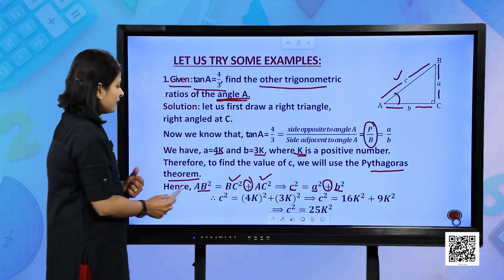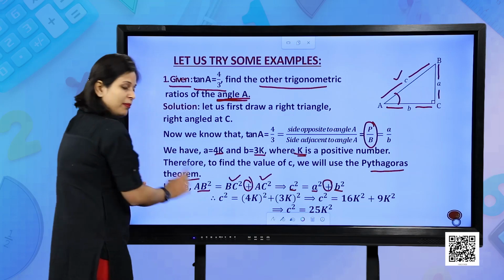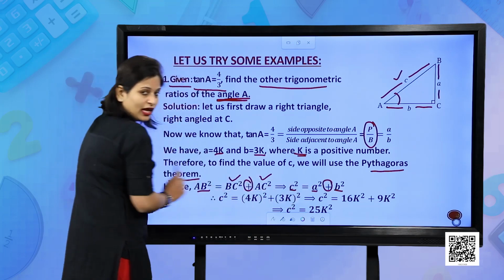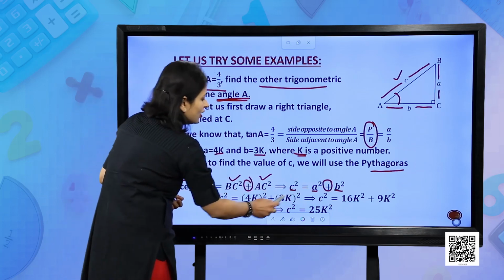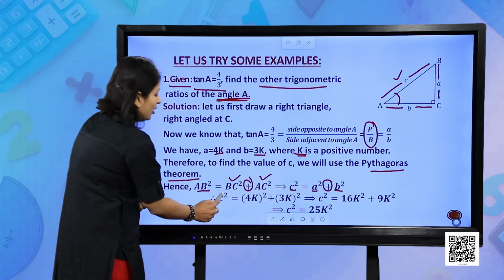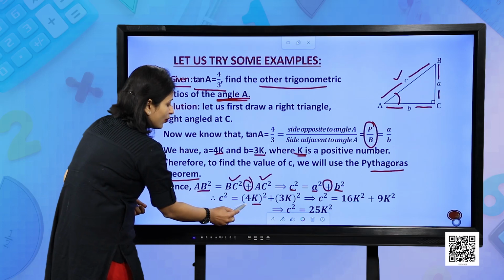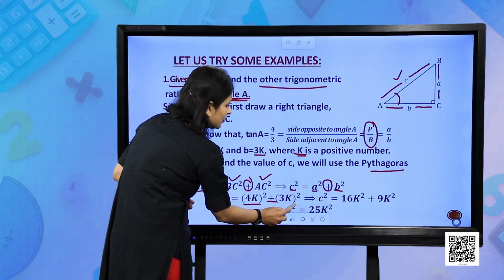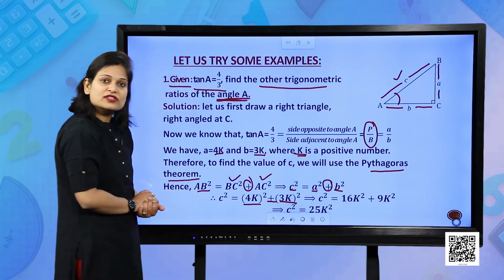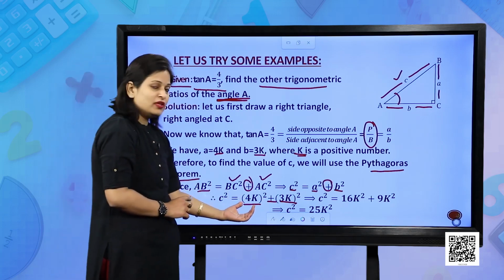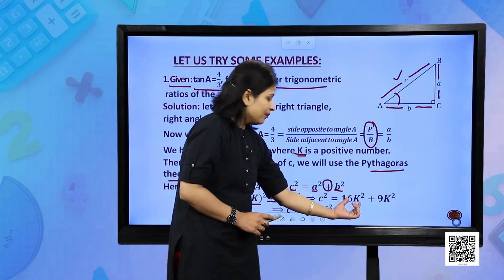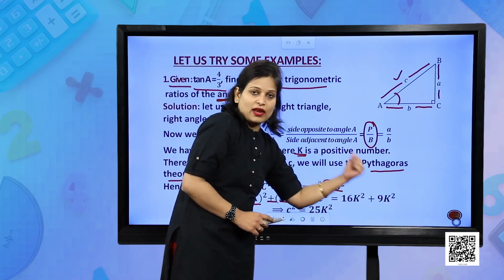What will you get? C square will remain as it is, equal to A, which is 4K, and B, which is 3K. So C square is equal to 4K whole square plus 3K whole square. When you open this up, what will you get? 16K square plus 9K square.